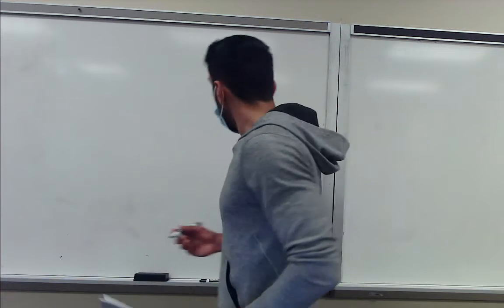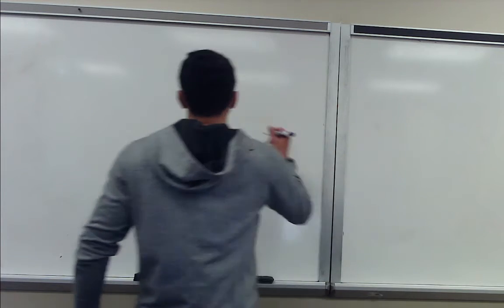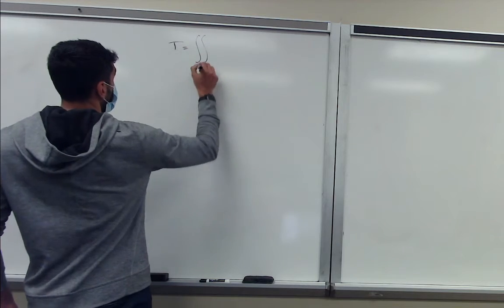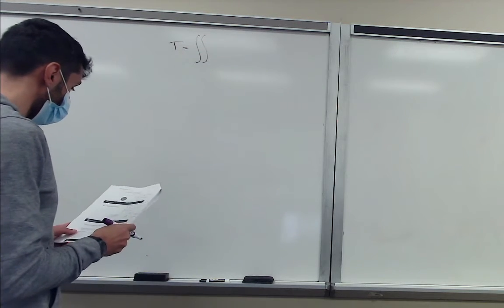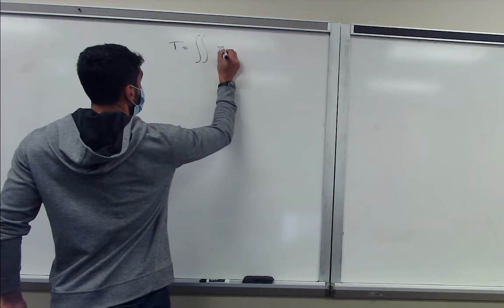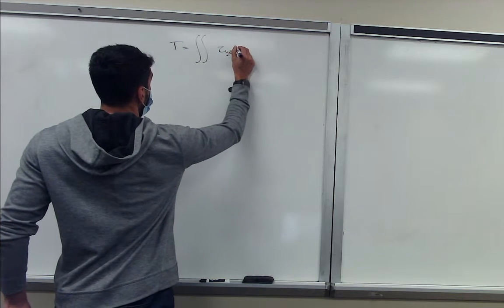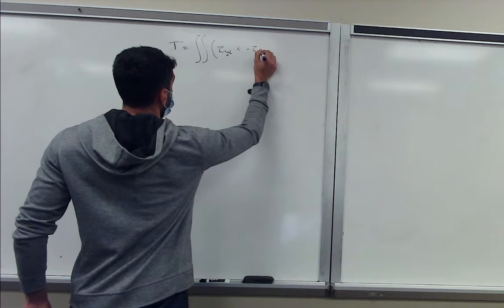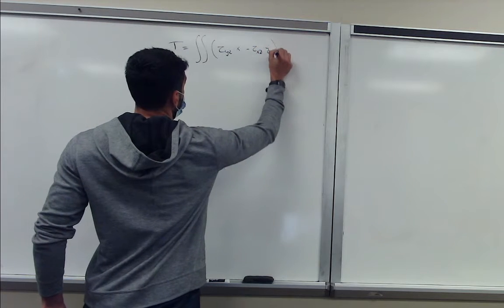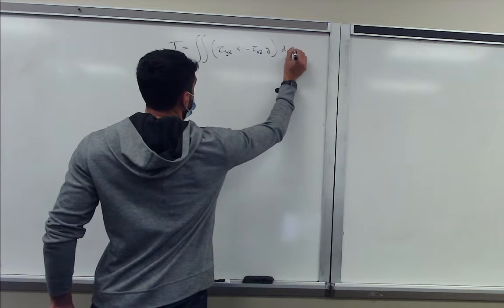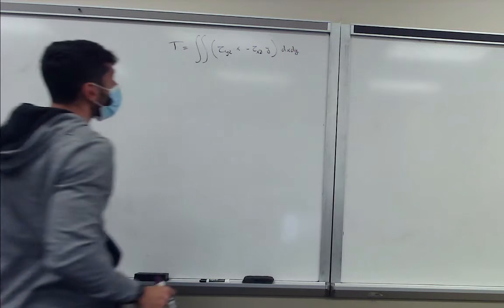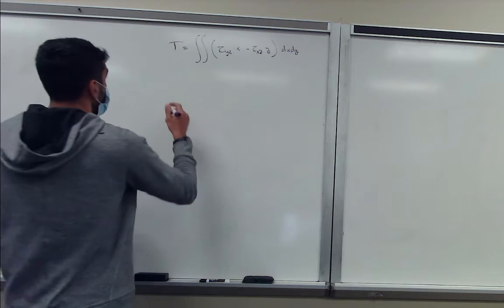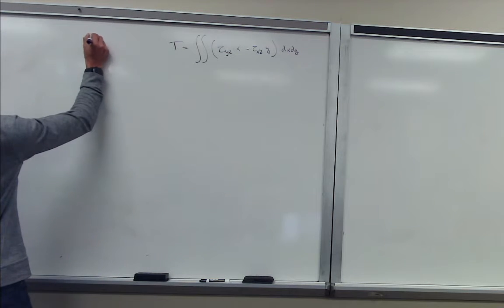So let's do that. We have our torsion from our lecture slides and previous derivations. So it's the double integral of tau yz multiplied by x minus tau xz multiplied by y, dx dy. So we will do a couple of things. First, we recognize that tau xz and tau yz are actually given.